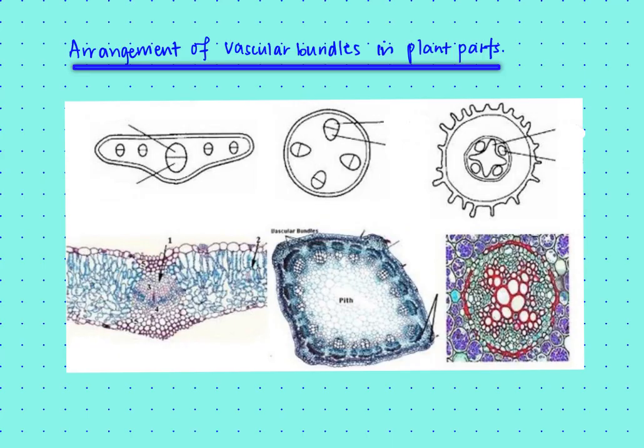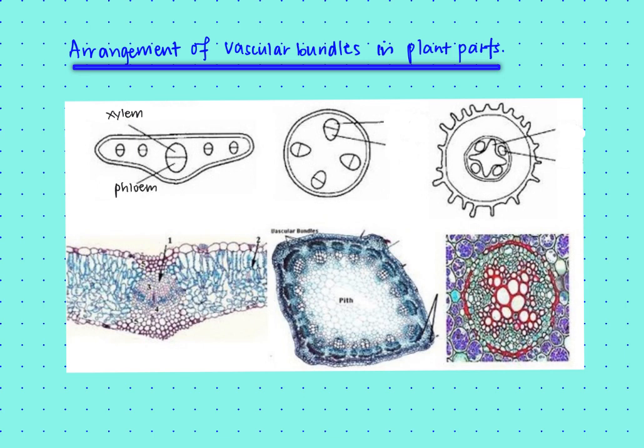We need to locate the positions of the vascular bundle, as in those in the photomicrographs. So placing them together, we can look at it carefully. In the leaf, generally, the xylem is usually facing the top part here, and the phloem is below.